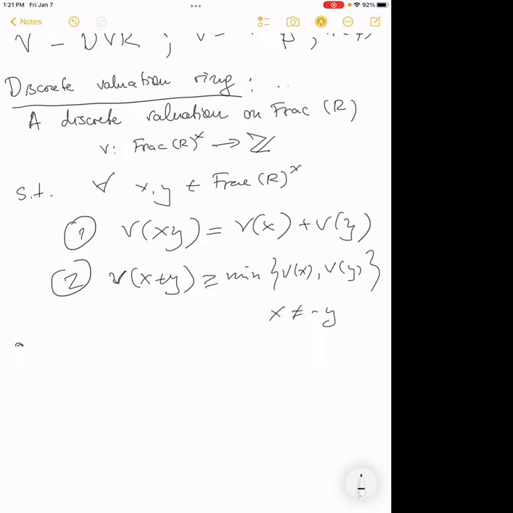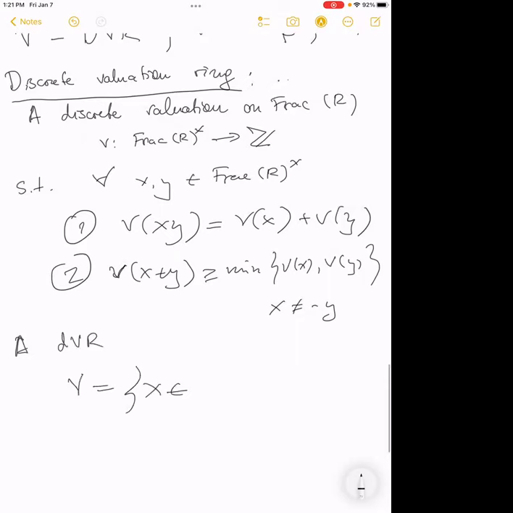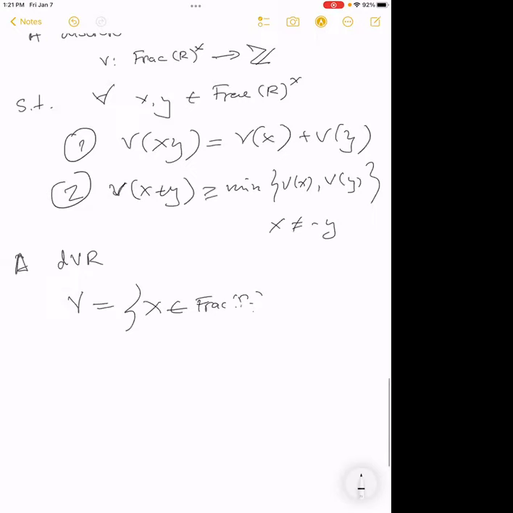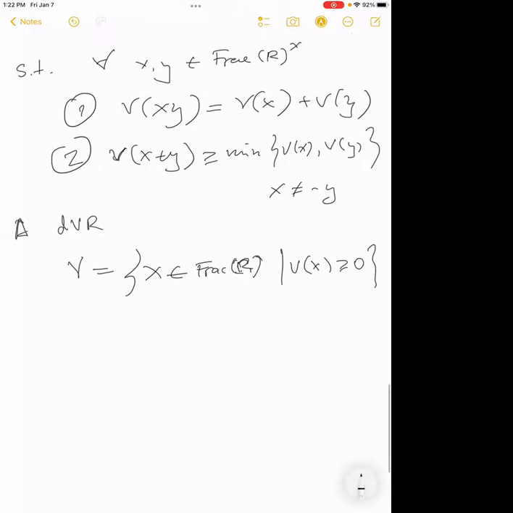And then a DVR, a discrete valuation ring, is the ring of all fractions with a positive valuation. I apologize to all of you who are familiar with this very basic concept. I think it's good to review them. So let me give you an example.